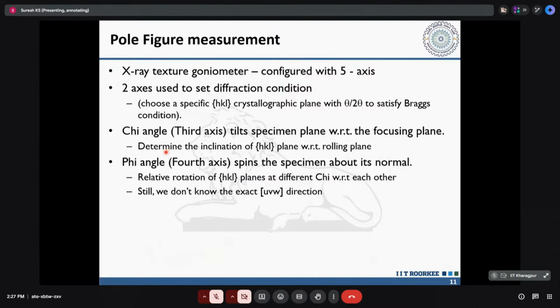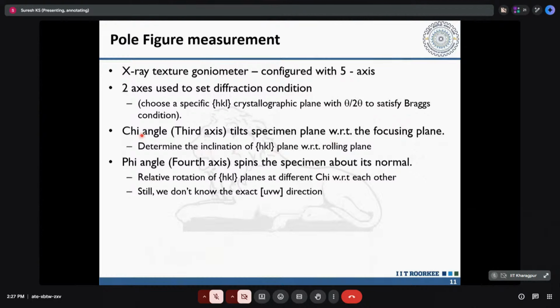For instance, we will start with 0 chi angle and then go for a phi rotation of 0 to 360, and then take the chi angle to tilt the sample to 5 degrees and once again carry out the phi rotation from 0 to 360 degrees. So this third axis tells us how a given HKL plane is tilted with respect to the rolling plane.